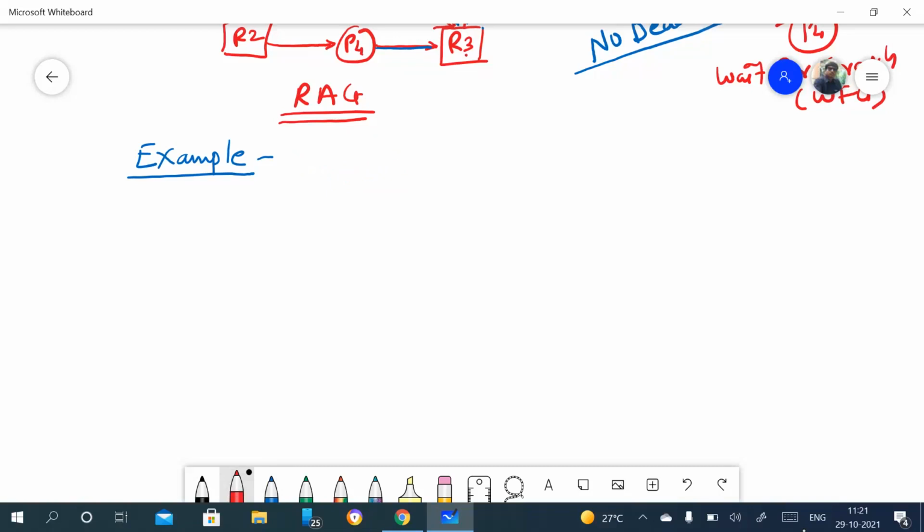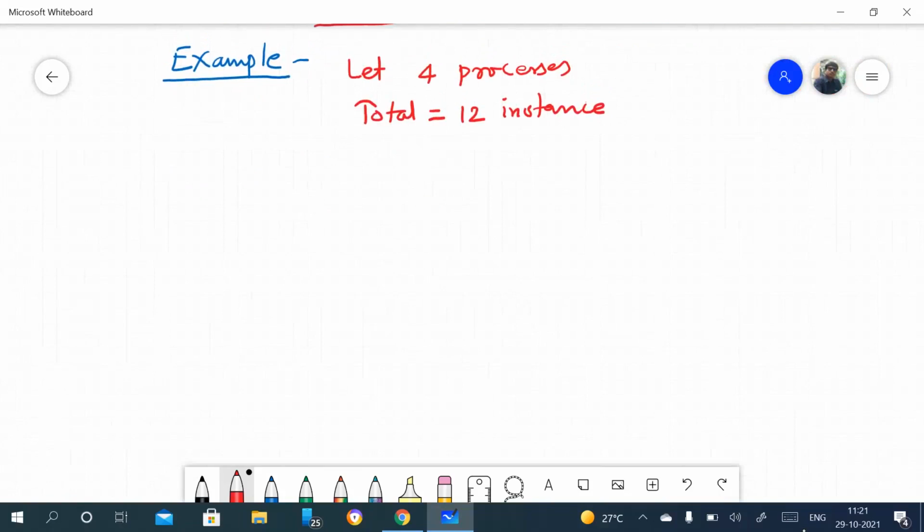Suppose there are 4 processes, and the total instances are 12. That is given here, and also the processes' max need.